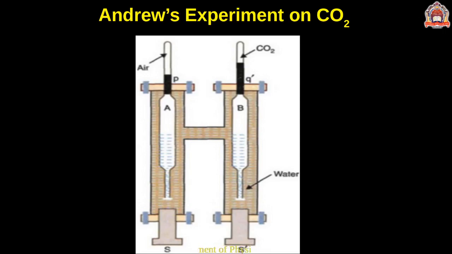Here the apparatus consists of two similar glass tubes A and B, having thick capillary tubes at the top and bulbs in the middle.